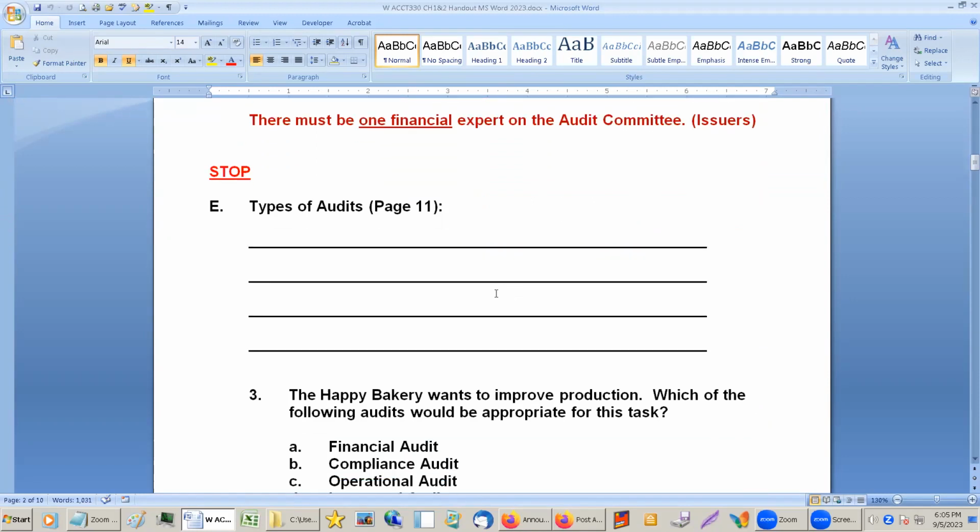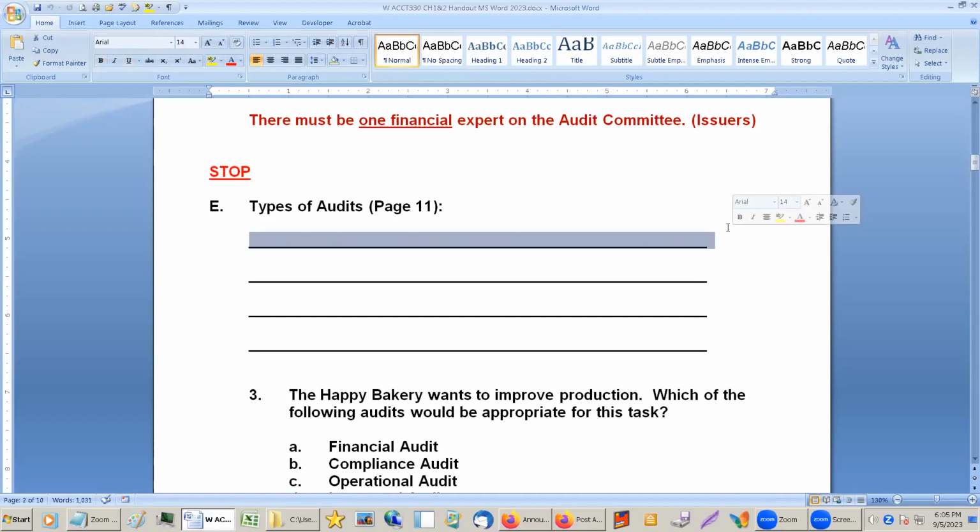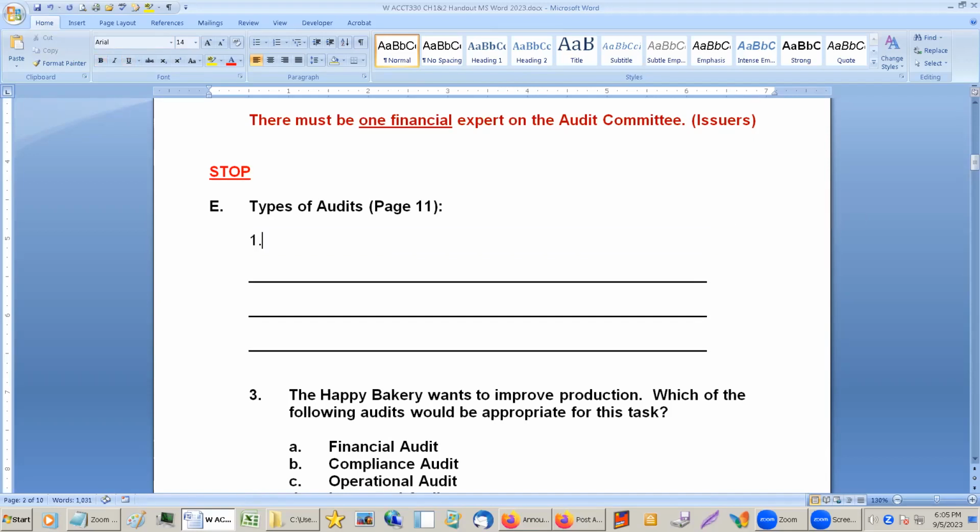Types of audits. Okay, types of audits. The first one is financial audit. This is sometimes called examination.